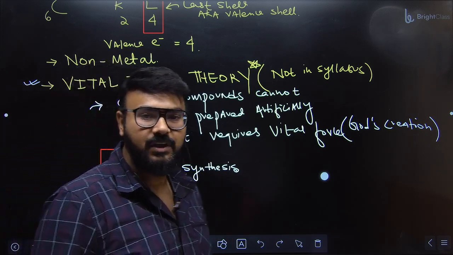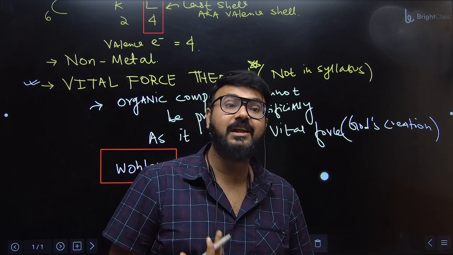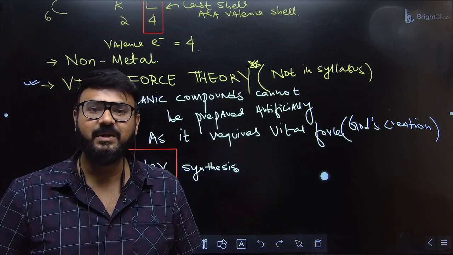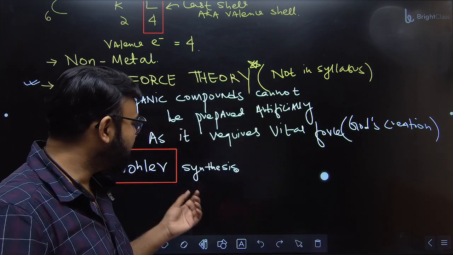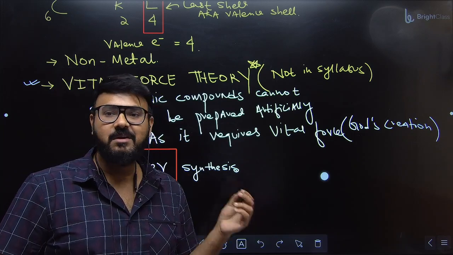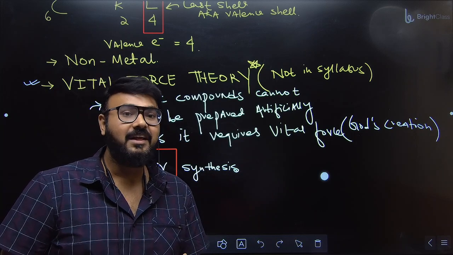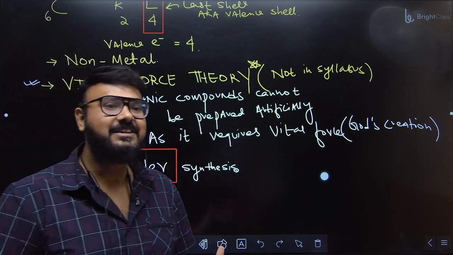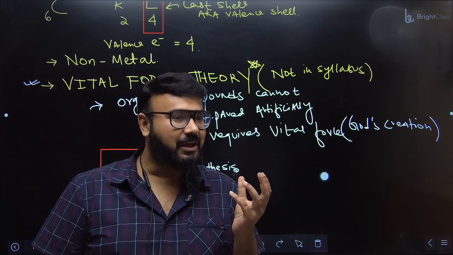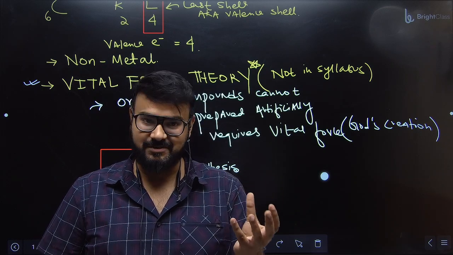He was doing something and he did something else. He was preparing something in the lab, but it made something else. An accident happened, and that accident gave the first ever organic compound.